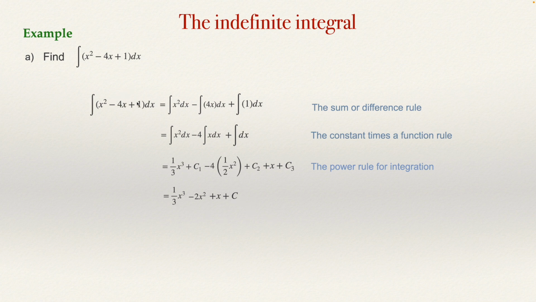And this solves the first problem, just using rules of integration. I have used here the sum or difference rule, the constant times a function rule here, and here was the power rule.